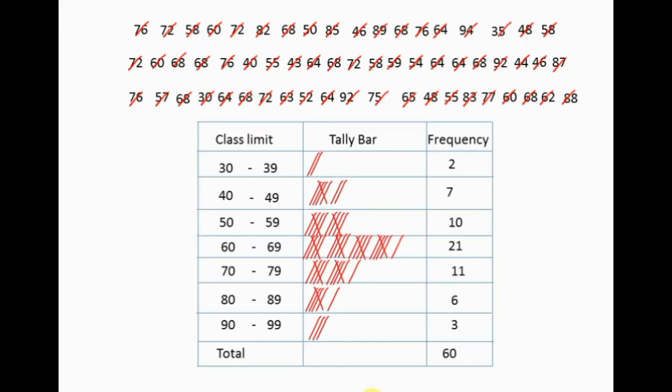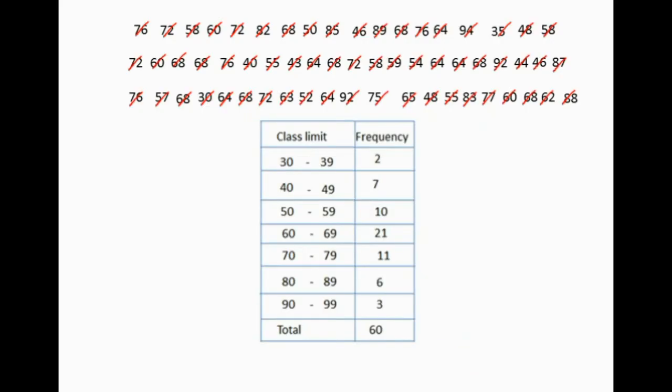So the frequency distribution revealed that the class is an average class, not an extremely good class or extremely bad class. Finally, we can remove the column of the tally bar to get the final shape of our frequency distribution, which consists only of the class limit and the frequency of the respective classes.